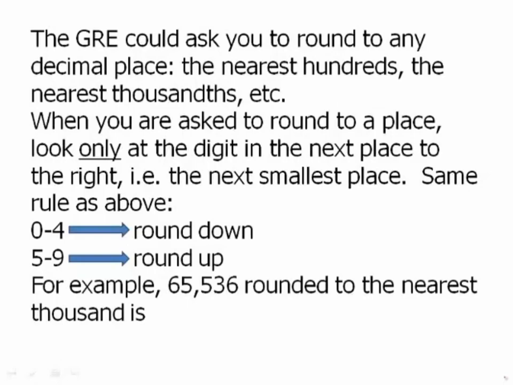For example, 6,536. If we're going to round this to the nearest thousand, well, we look at the number in the next place, the hundredths place. That number is a 5, so we're going to round up. And so that means it gets rounded up to 66,000. That's the nearest thousand.